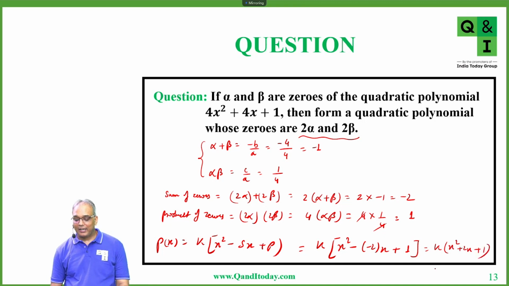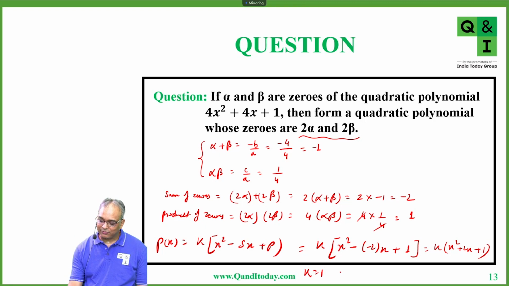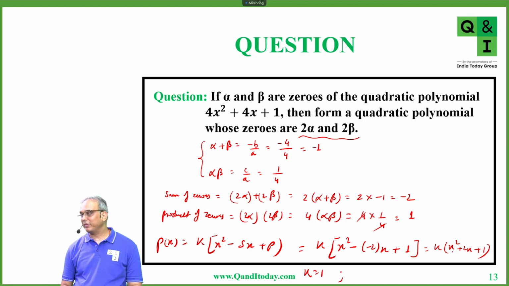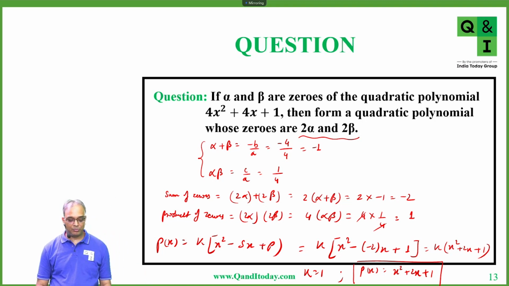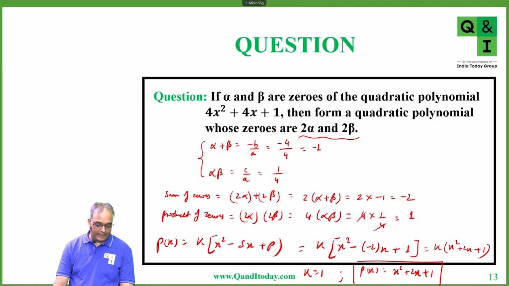Right? Now if you take the value of k as 1, because there is no denominator in the coefficients, this will give you the polynomial as x square plus 2x plus 1. Okay. So x square plus 2x plus 1 is the polynomial whose zeros are 2 alpha and 2 beta. Is it clear?